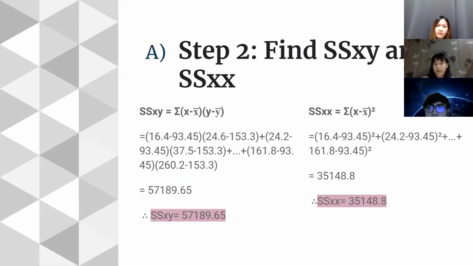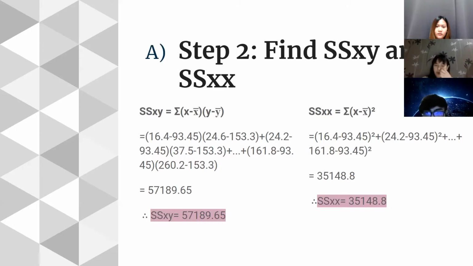Moving on to step 2, finding SSXY and SSXX. Start with SSXY. The formula for this one is SSXY equals sigma of open bracket x minus x bar close bracket, open bracket y minus y bar close bracket. Take all of the numbers into the formula and sum them together, and the answer will be 57,189.65.